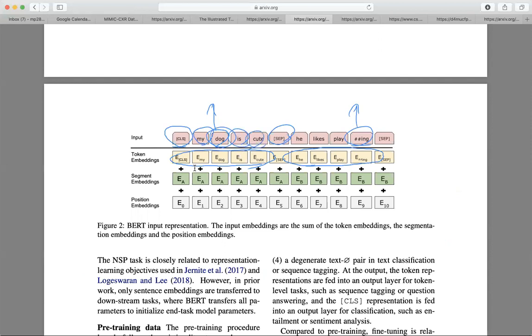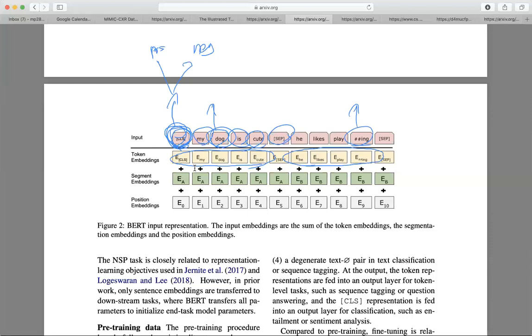You need a fixed size vector that represents the entire sentence, and that's what the CLS token is for. So you take this token and do positive or negative in the downstream task, basically.